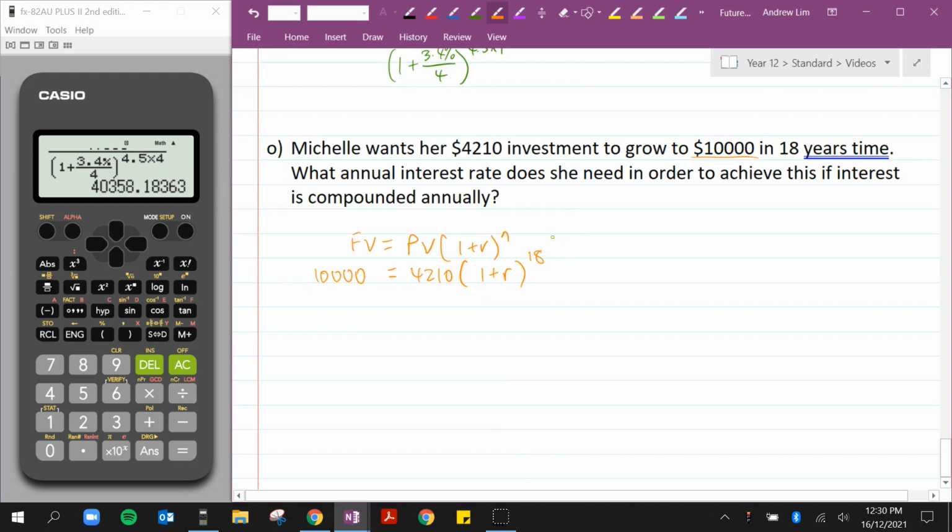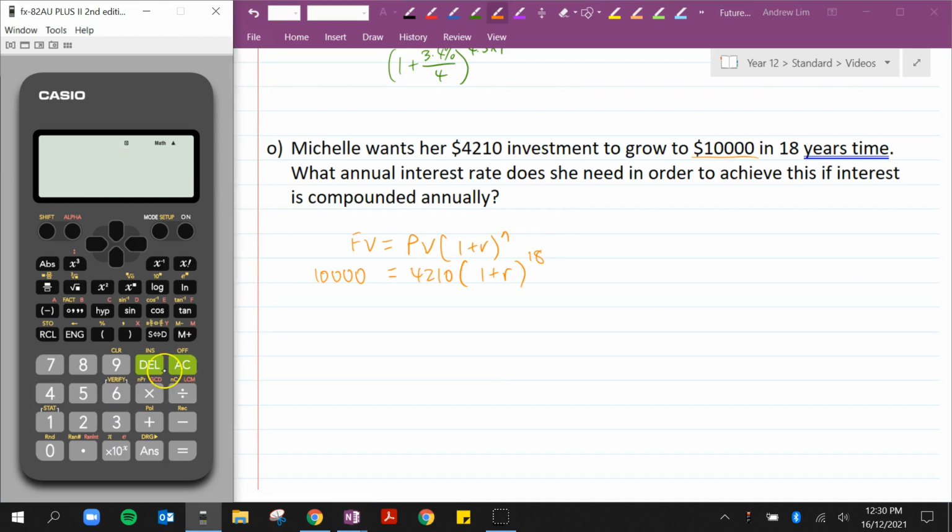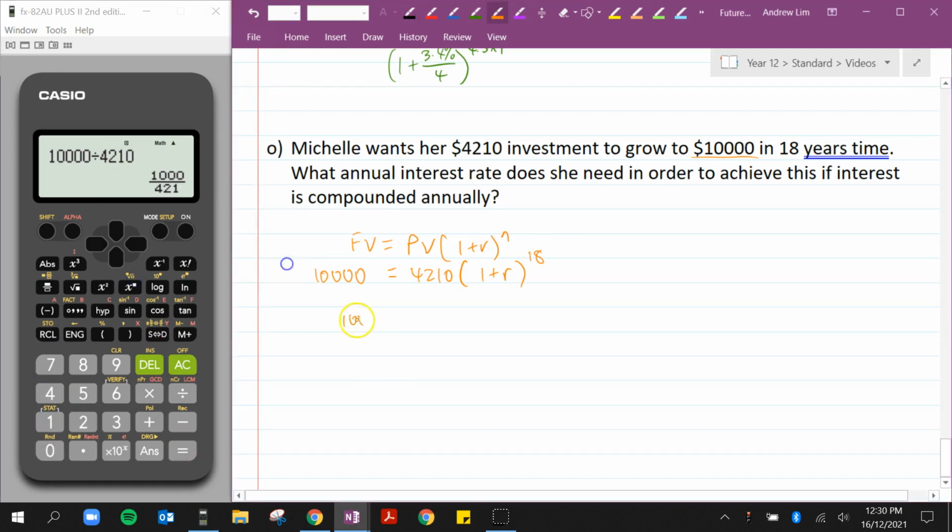So the first thing we need to do is divide both sides by 4,210. So we've got 10,000 divided by 4,210, so 1,000 over 421 is equal to 1 plus r to the power of 18. The next thing we need to do to get r by itself is to take the 18th root of both sides.